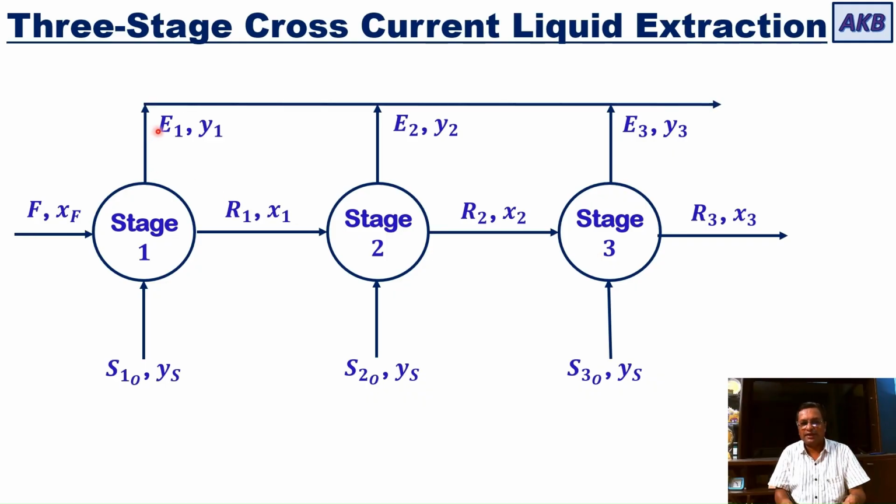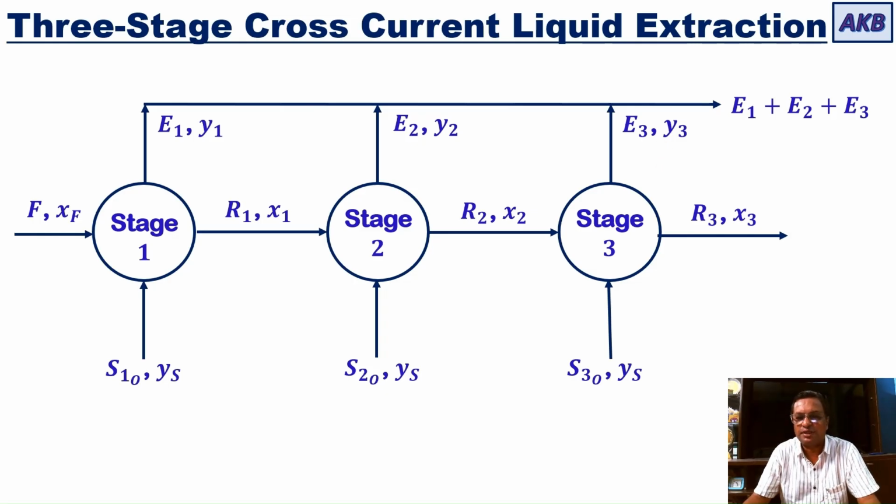And then you can get a composite extract phase by adding all the extract phases that you get from each stage. So you can get a composite extract phase which is the addition of E1, E2 and E3. That is the mass of composite extract, or the mass flow rate of composite extract if it is a continuous operation. So I hope you have understood the schematic diagram.